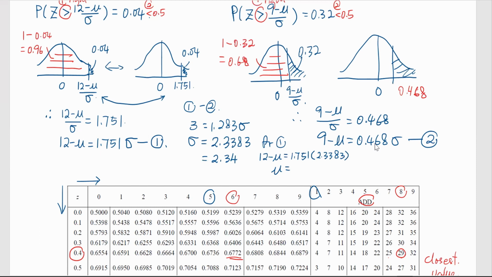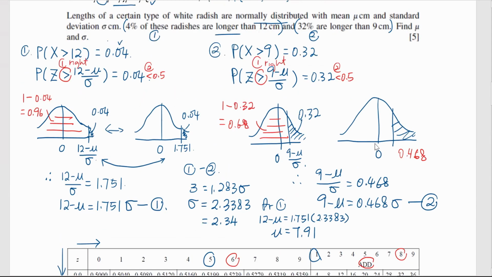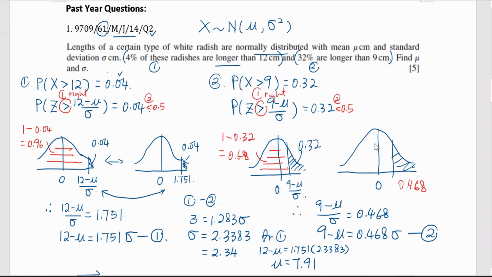So this is the last value we need. We just round off to 3 significant figures, 7.91. Okay, so we found the values of mu and sigma by using the normal distribution table in reverse.